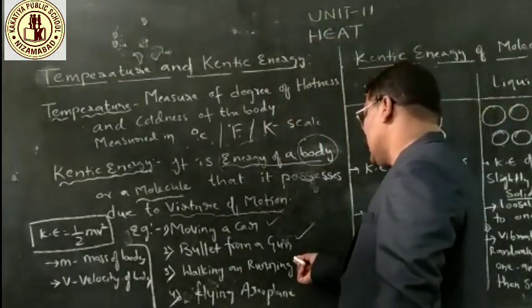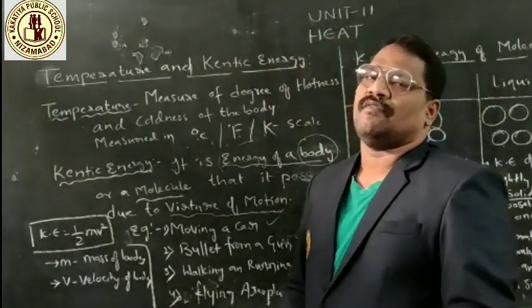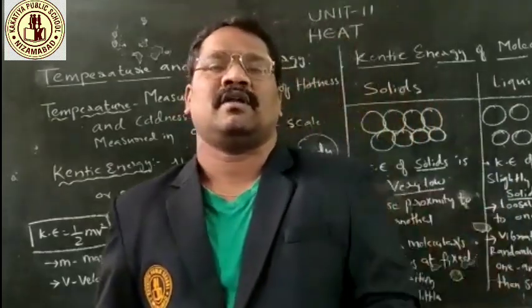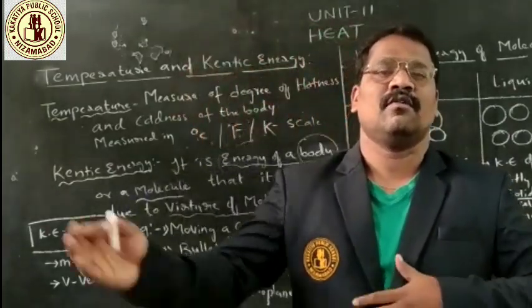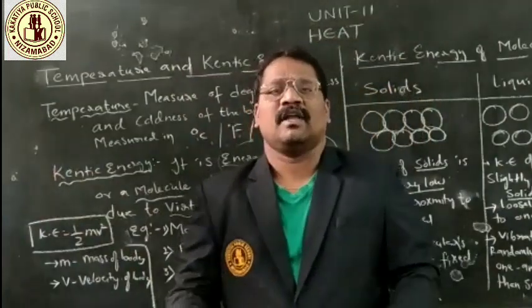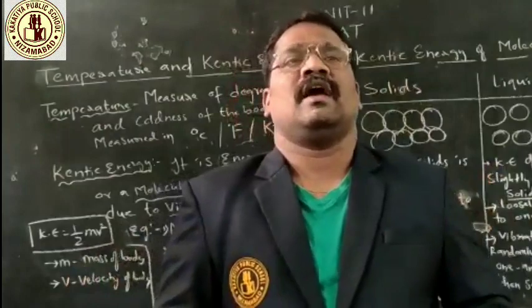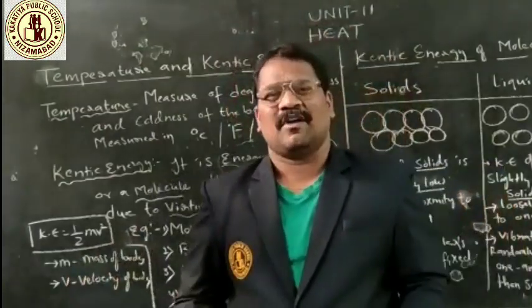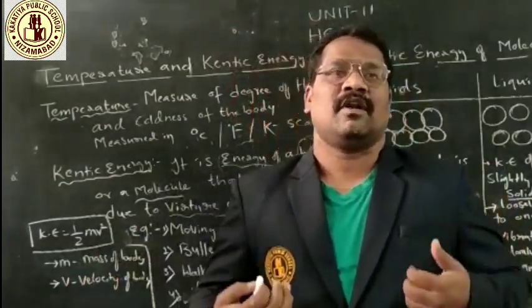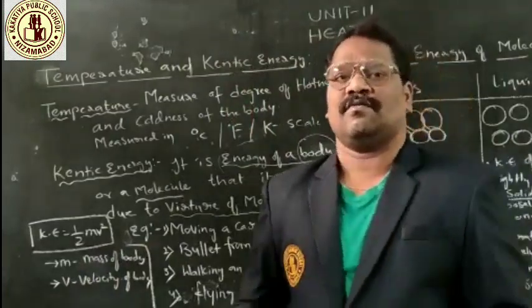Running or walking of a person: early in the morning, our parents go for a walk. They walk for the sake of their health, and they are performing energy, as the body is in motion.